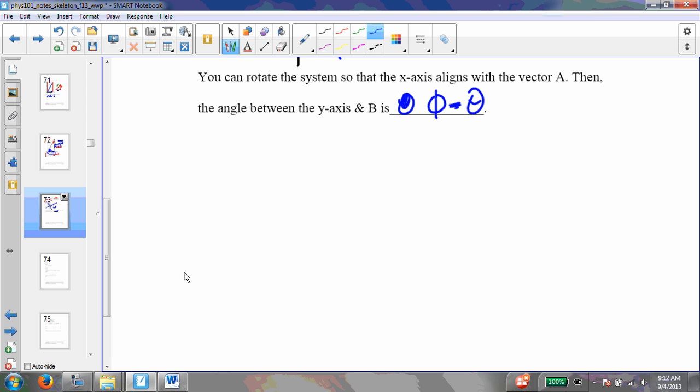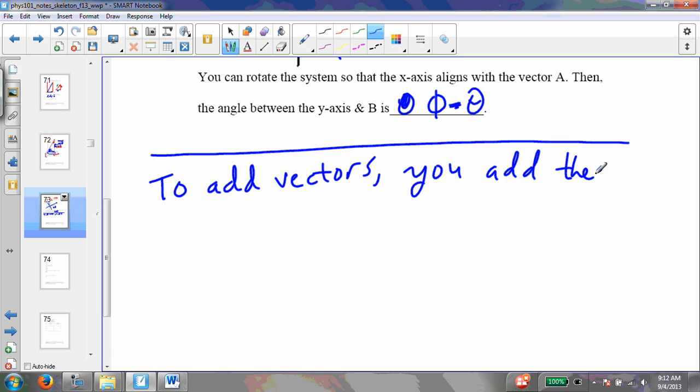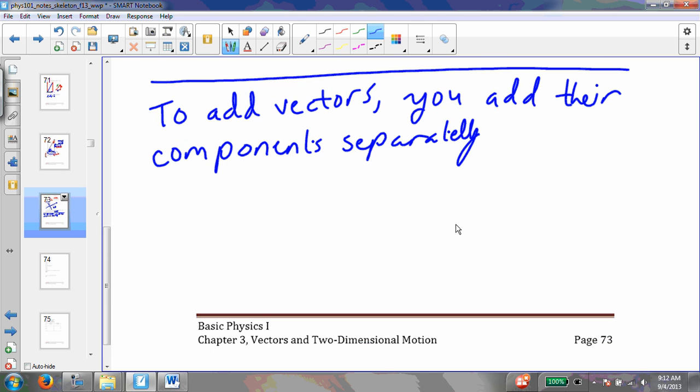Now to add vectors, you add their components separately. So let's say, for example, I want to know what is the vector r, and r is equal to the vector a plus the vector b.